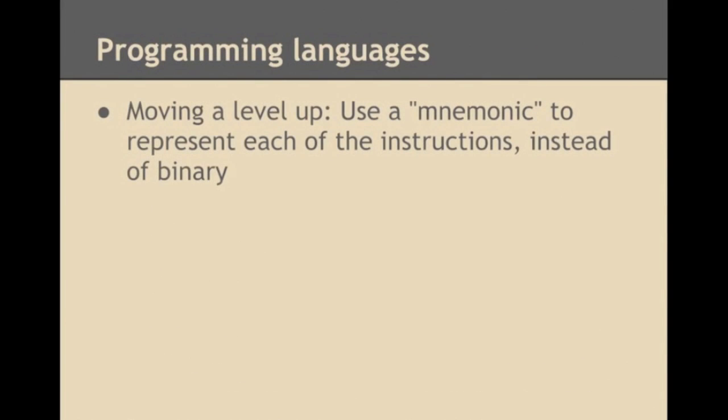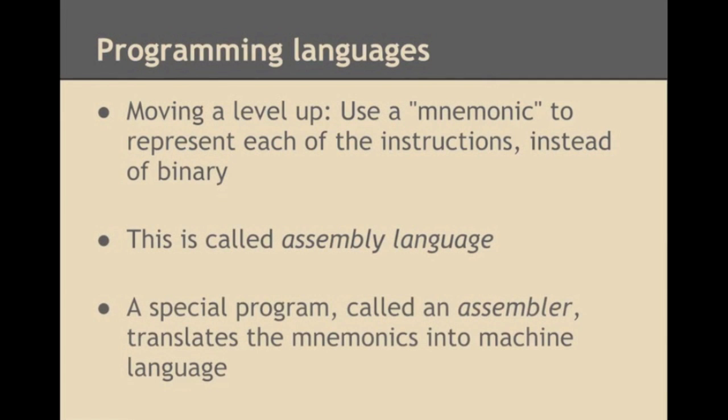And our first better solution was to use some sort of mnemonic to represent each of those instructions instead of the binary. So you sort of slap a 3 or 4 character name onto each of those instructions, and then that becomes more useful for humans. Of course, the computer doesn't understand the mnemonics, so this assembly language has to be run through another special program called an assembler.